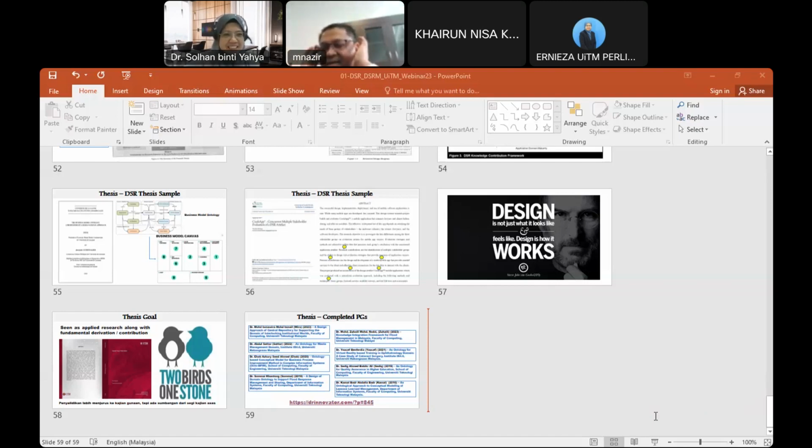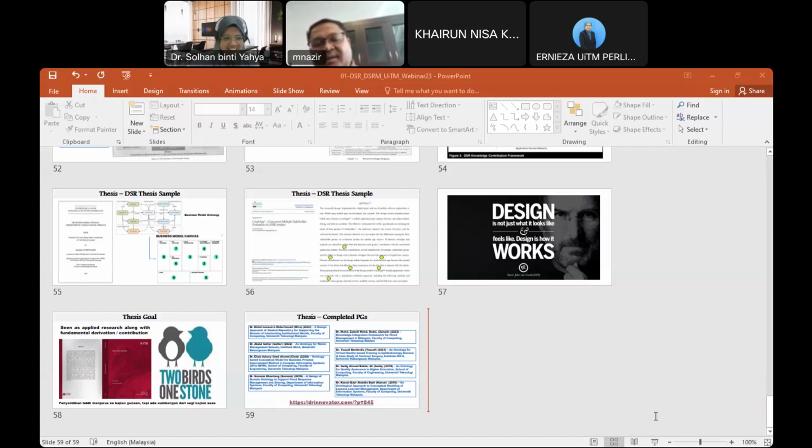Dah clear, tapi sebenarnya part yang method tu putus-putus. Sedangkan rasanya method tu yang paling penting, ada part yang tiba-tiba putus tadi. Oh, okay. So bagaimana, saya ulang? Dr. Nazir nak explain sekali lagi? Boleh, no problem. Sebab tadi kita pun mula lambat kan.